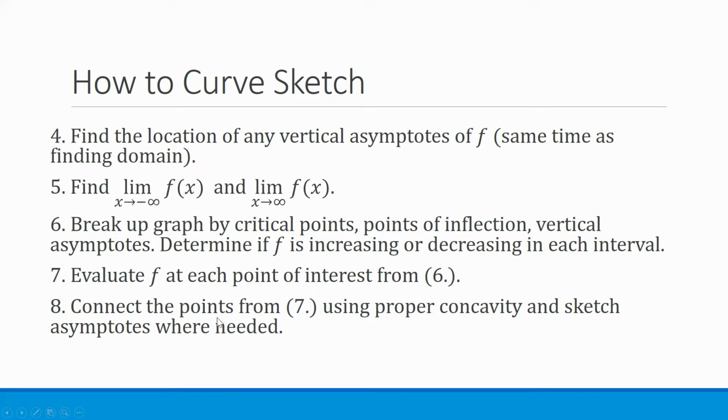And then we'll connect them using proper concavity and whether or not we're increasing, decreasing. We'll sketch the asymptotes where needed as well. To say this step-by-step process in a shorter way, we're going to find the critical points, points of inflection, vertical asymptotes, and then see what happens in each of the sub-intervals between those points.